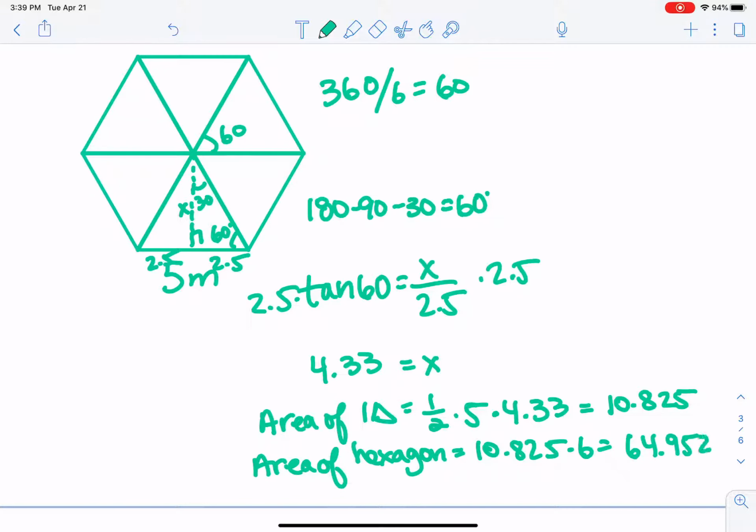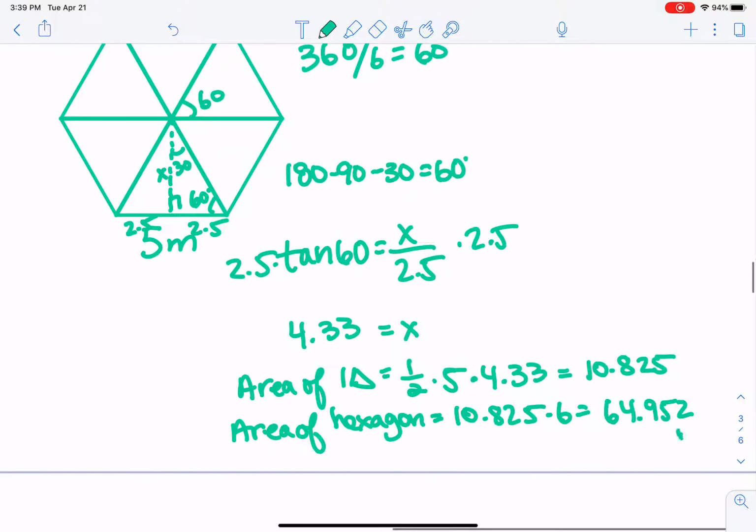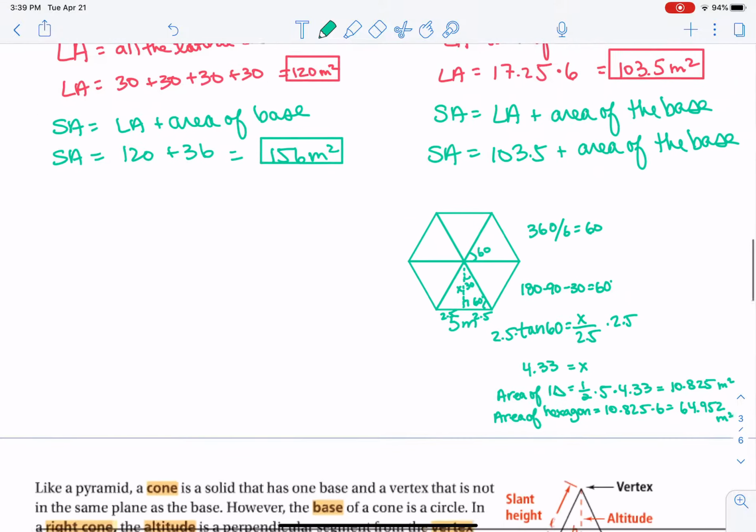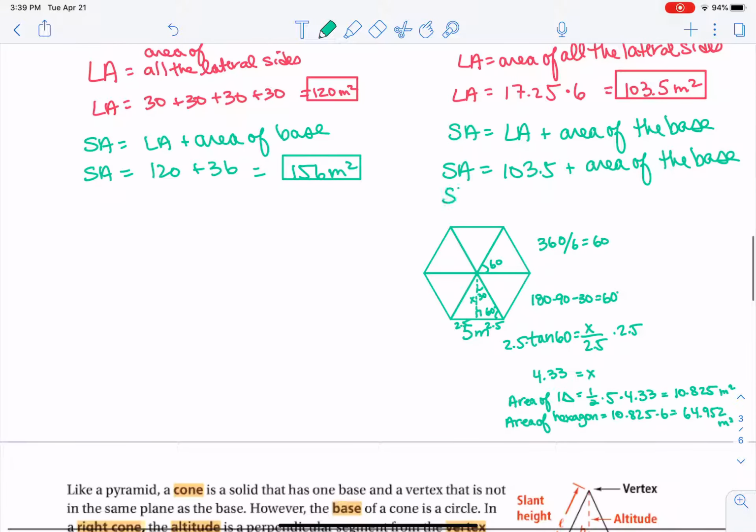And the area of the hexagon would be that times 6, which gives me 64.952 meters squared. So we got to go back up here. And the surface area is 103.5 plus the area of the base, which was a lot of work, a lot more difficult than the square, but that was 64.952.